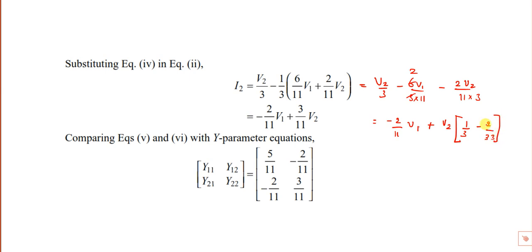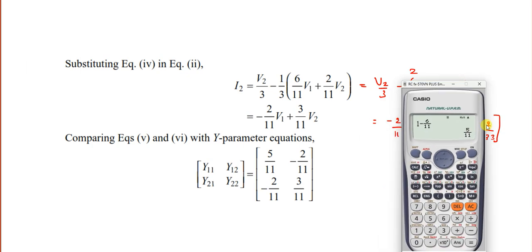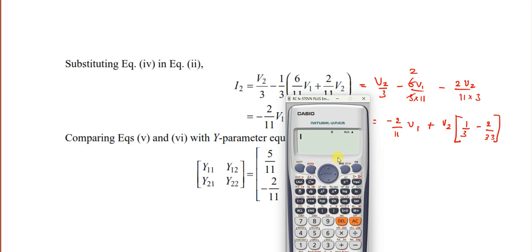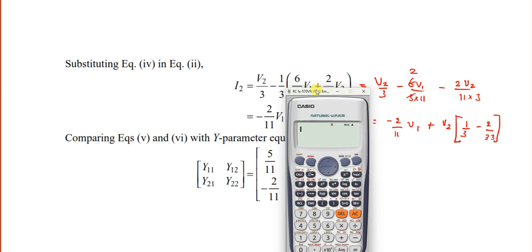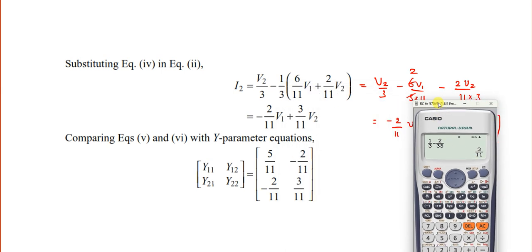So let me check, are we getting 3 by 11? It is 1 by 3 minus 2 by 33. It is 3 by 11, which is correct here.